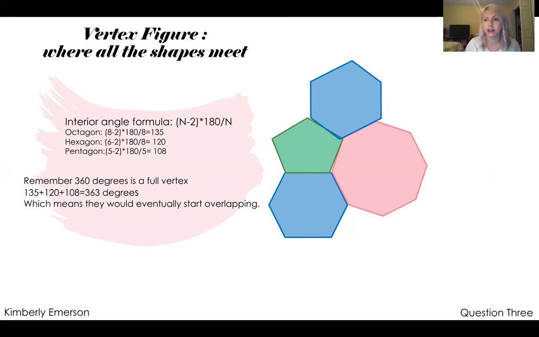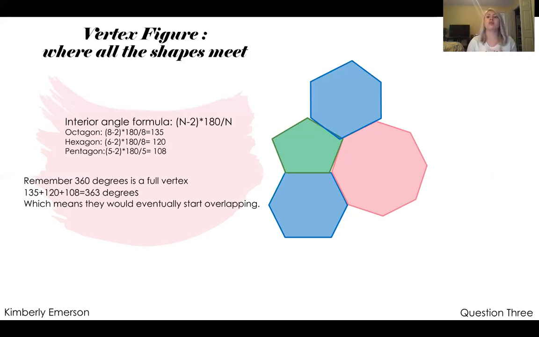Our octagon has 8 sides, so we plug that in. 8 minus 2 times 180 divided by 8 equals 135 degrees. Our hexagon has 6 sides, so we plug and chug that in as well. 6 minus 2 times 180 divided by 6 is 120 degrees. Our pentagon has 5 sides, so 5 minus 2 times 180 divided by 5 is 108.